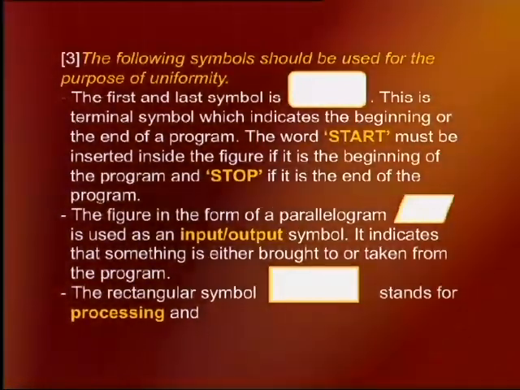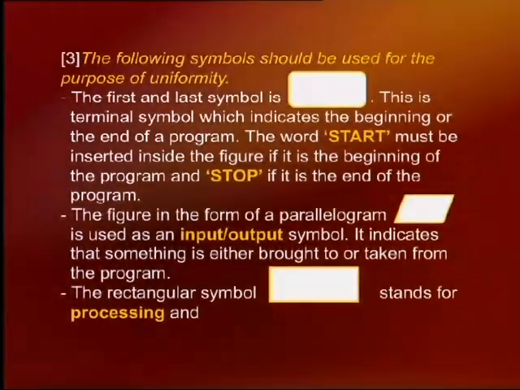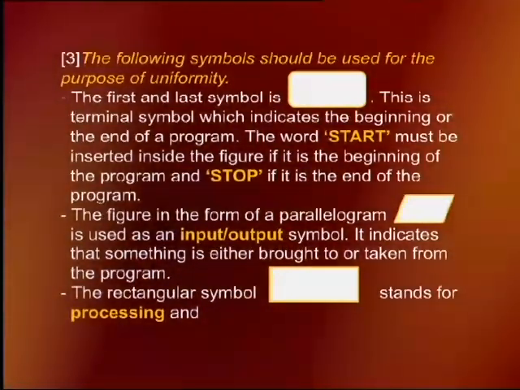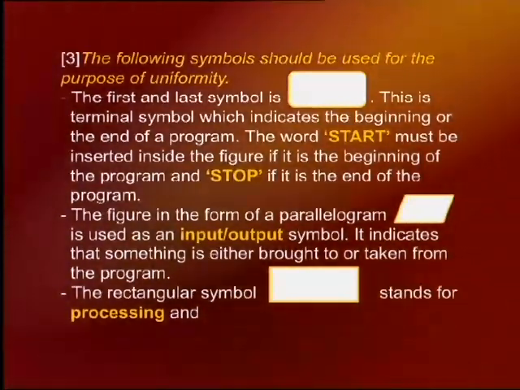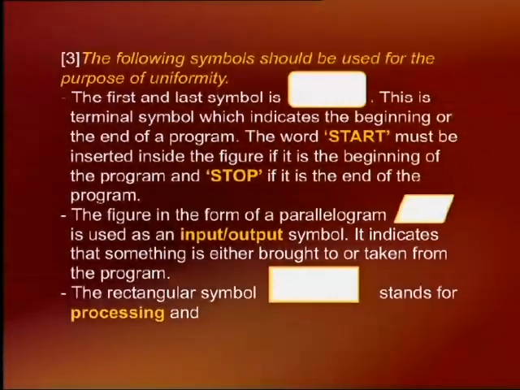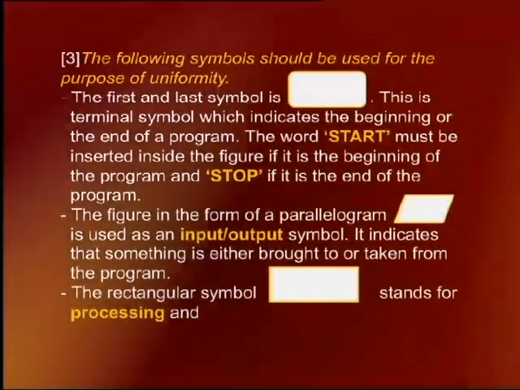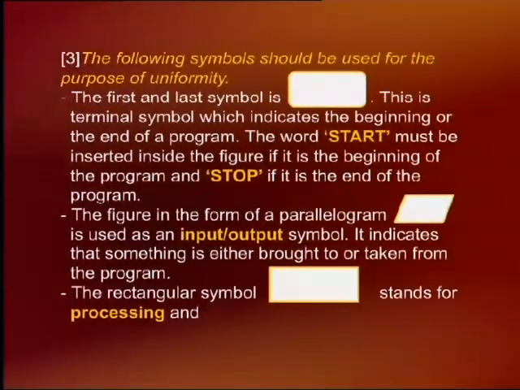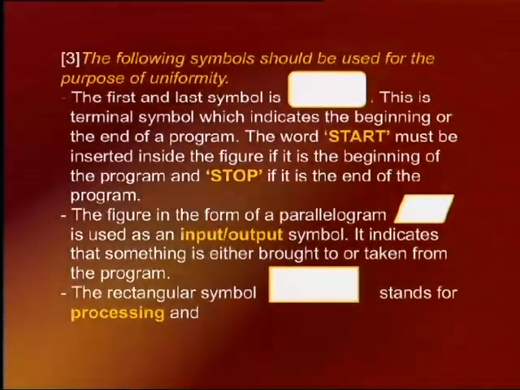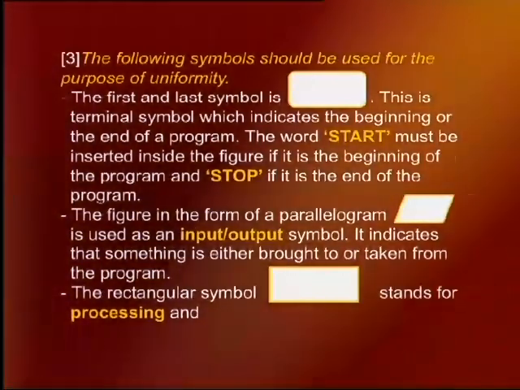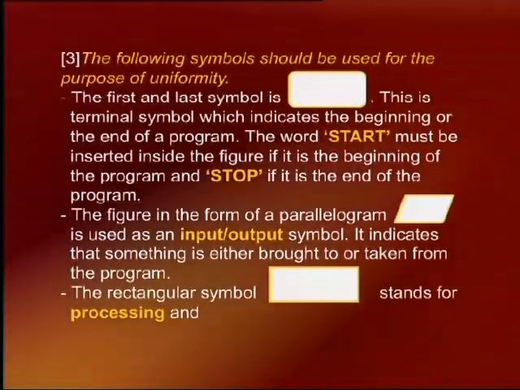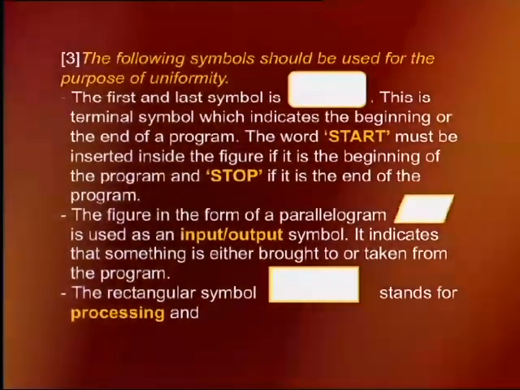The word start must be inserted inside the figure if it is the beginning of the program, and stop if it is the end of the program. The figure in the form of a parallelogram is used as an input or output symbol. It indicates that something is either brought to or taken from the program.